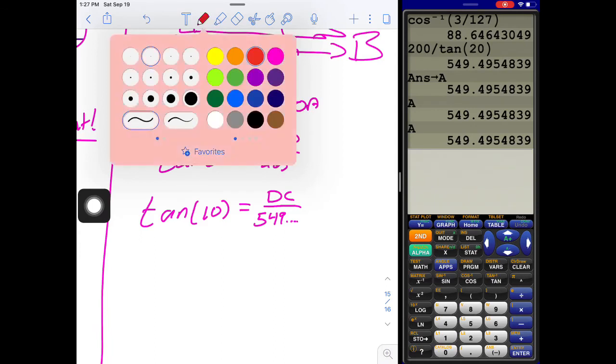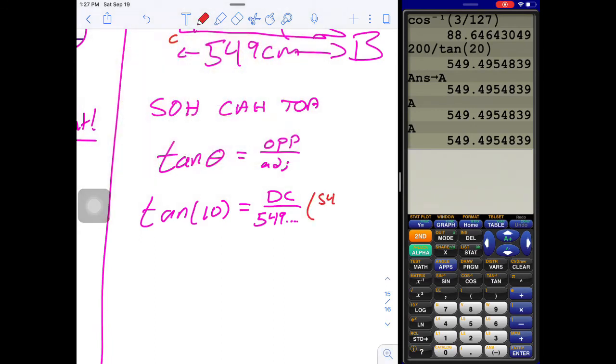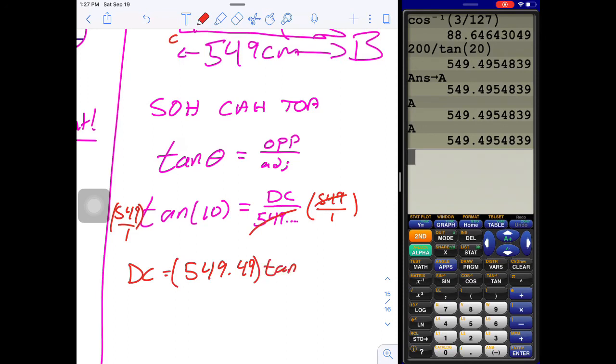So let's solve for D to C. Multiply both sides by 549 over 1, put it in brackets just so no confusion happens. That cancels out, and you get D to C equals 549.49 and so on, multiplying tan 10.